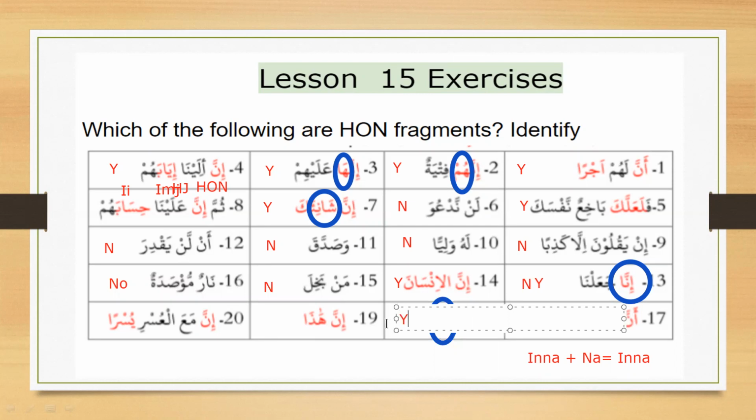Yes. And then inna and haza. In inna and haza, yes, inna is harf of nasb. But do you see an ism which is nasb in status? Please write yes or no.